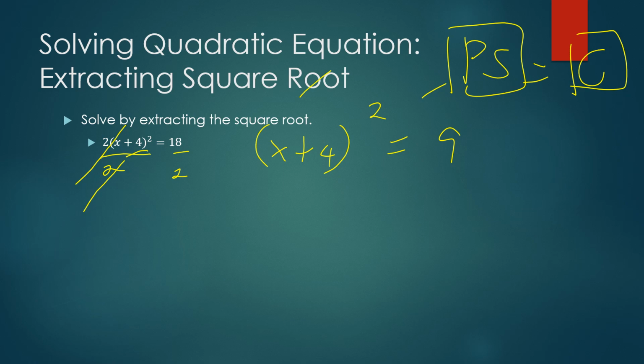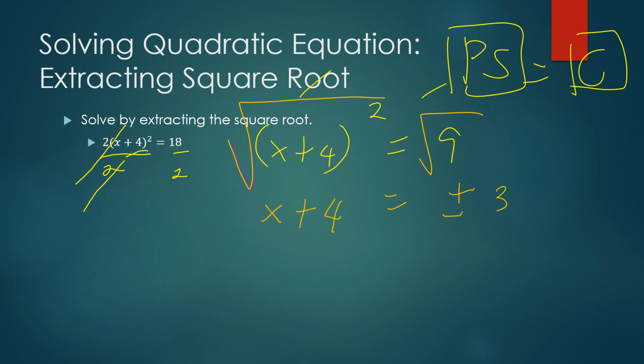Now we are ready to extract the root. You get the square root of this part and the square root of this part. The square root of x plus 4 times x plus 4 is simply x plus 4. Square root of 9 is either positive or negative 3.